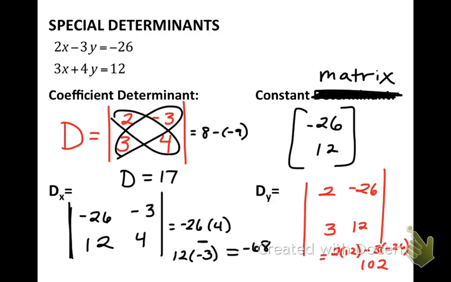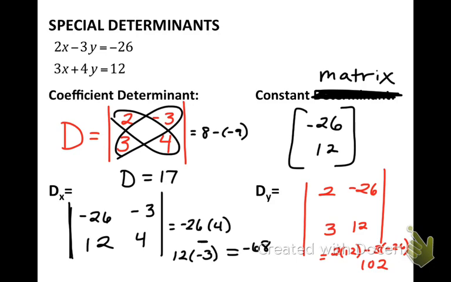So you just need to make sure you know the difference between these 3 notations. If it's just a capital D, it's looking for you to find the determinant of just the coefficient matrix. When you see the capital D with a subscript of x, that means you're taking whatever your constant values are and replacing your coefficients of the x with those numbers.